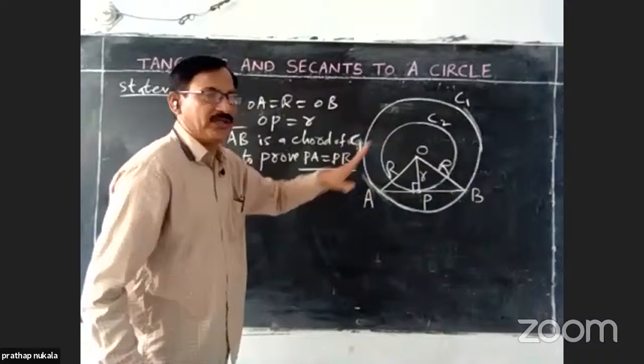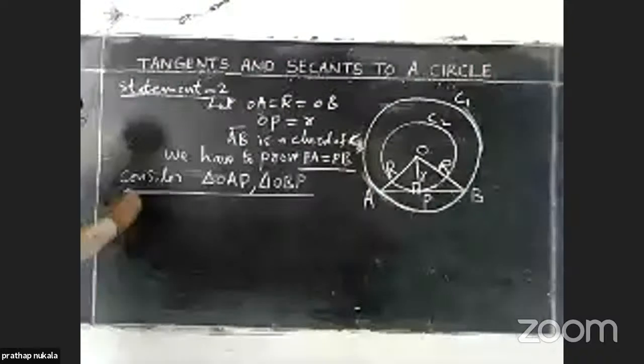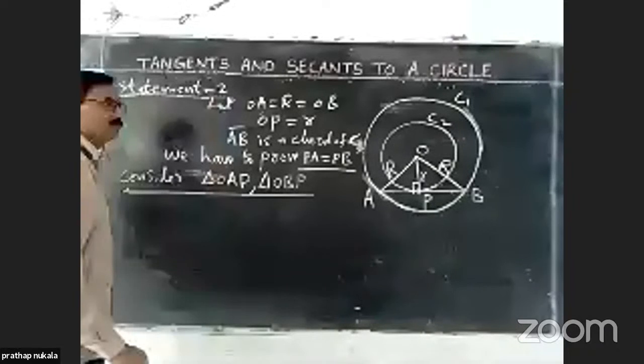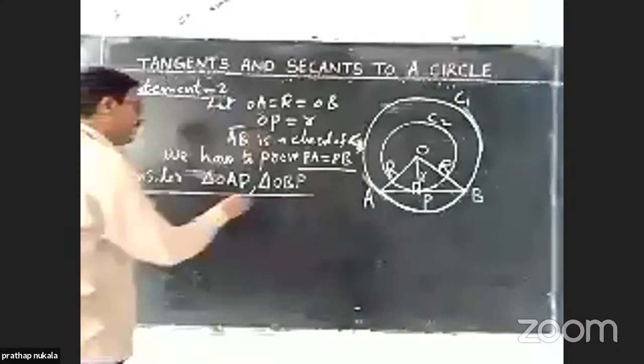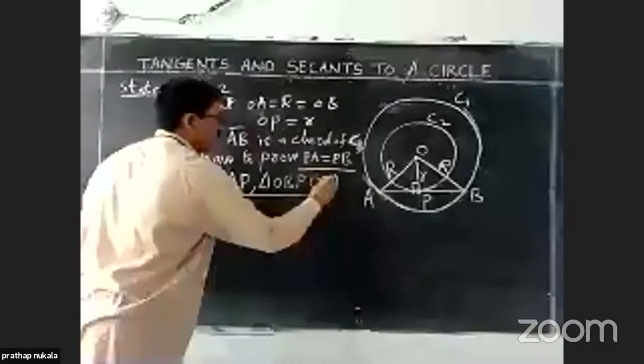These two are right-angled triangles. Already, angle OPA equals 90 degrees, and angle OPB equals 90 degrees.